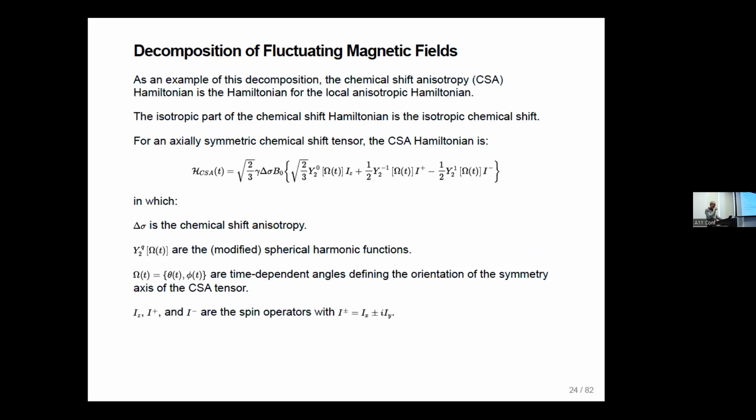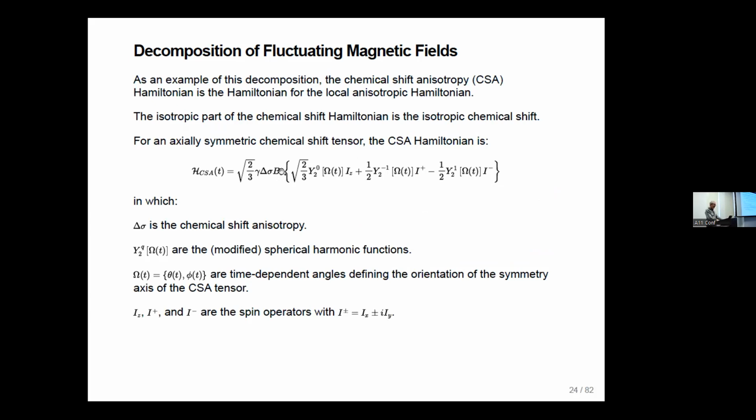So here, for example, is the chemical shift anisotropy Hamiltonian, and I'll use this as our example Hamiltonian for the rest of today until Anne introduces more complicated tensors.